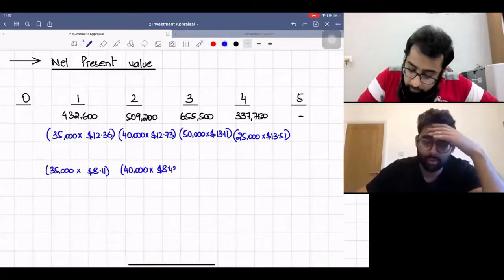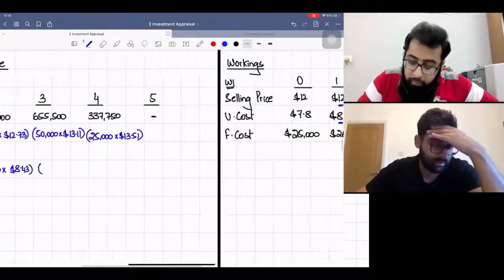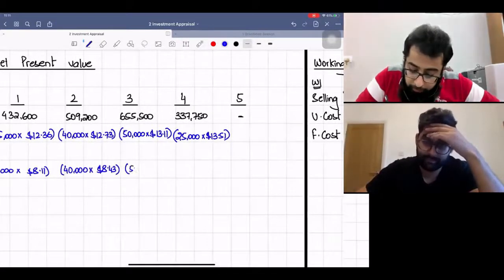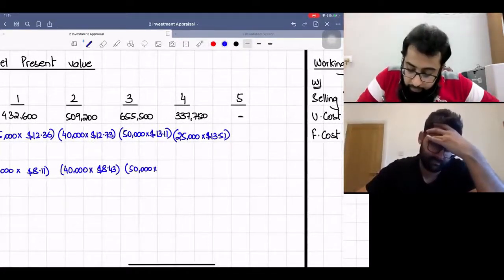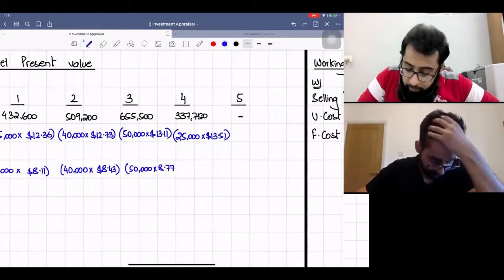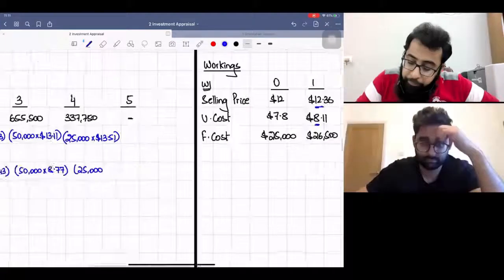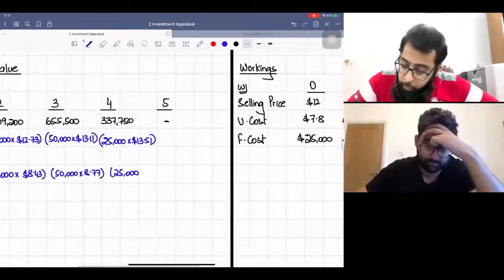You don't do anything for year 0, obviously, because in year 0 there will be no sale. Year 0 means now. And then 25,000 units multiplied by 9.12.